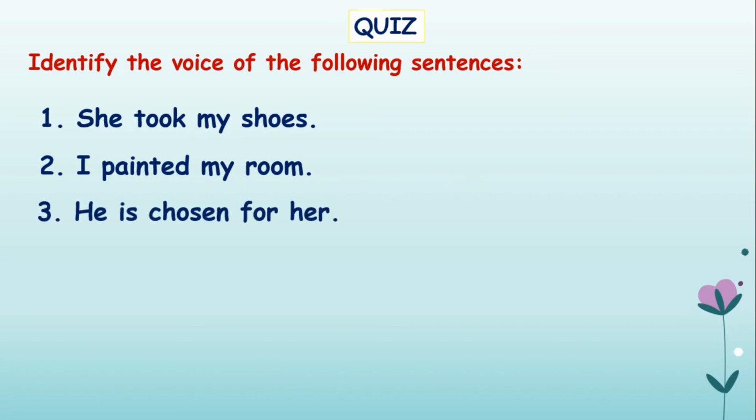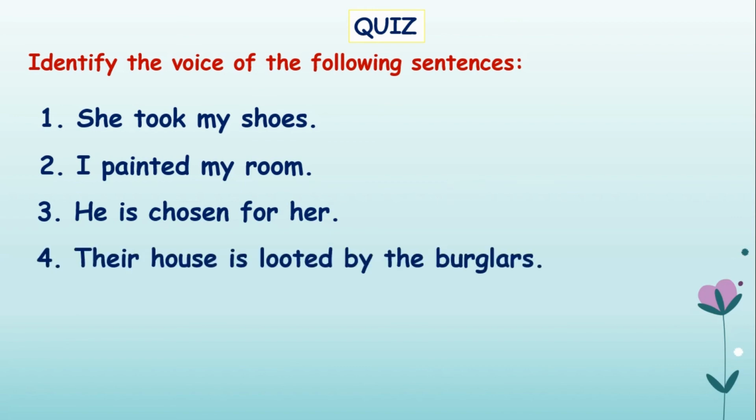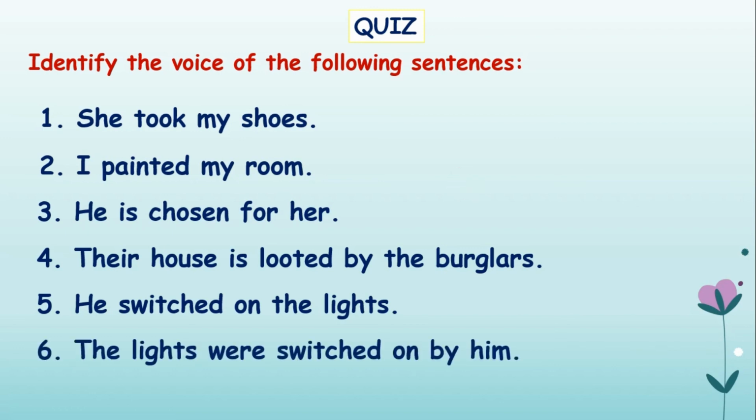He is chosen for her. Be careful with the prepositions. Their house is looted by the burglars. He switched on the lights. The lights were switched on by him. Please try to identify them as either active voice sentences or passive voice sentences.